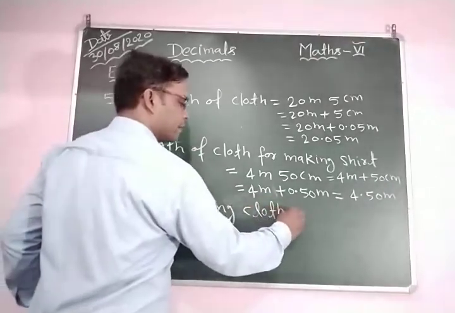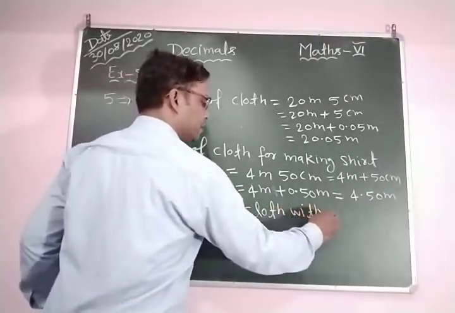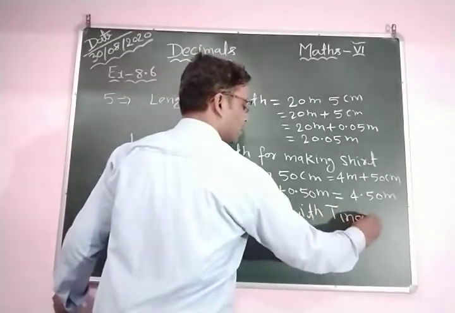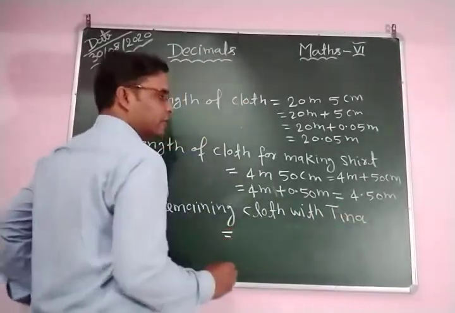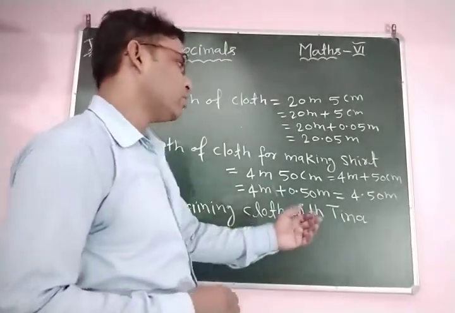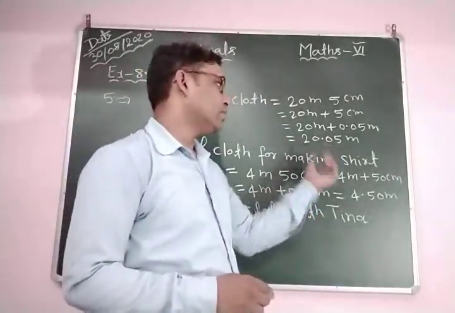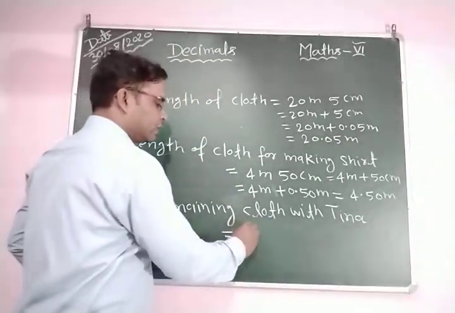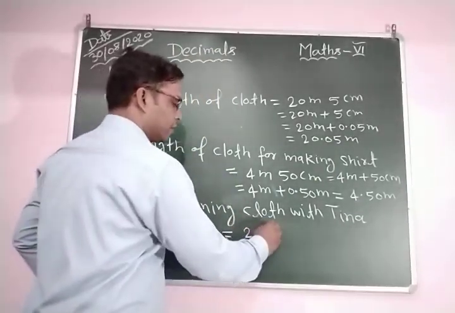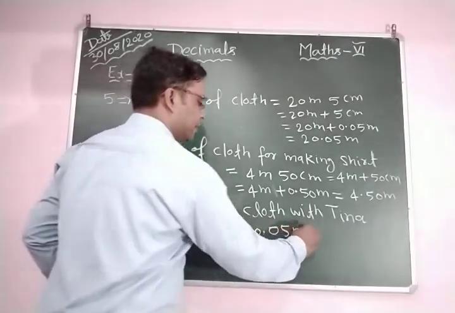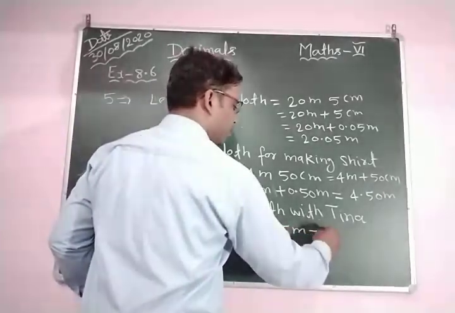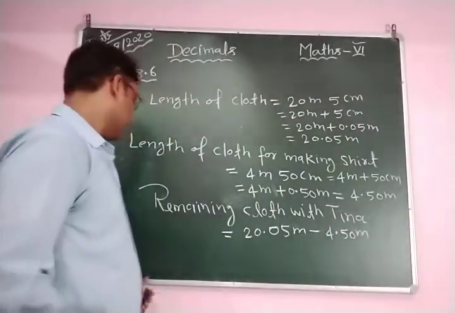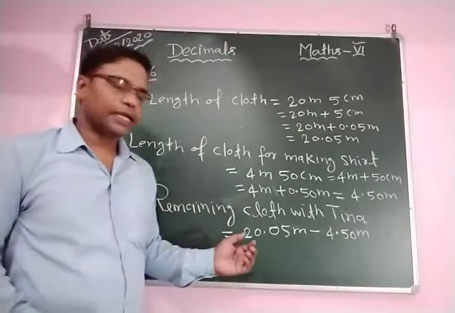This is equal to, you can subtract 4.50 from 20.05 meters. So you can write 20.05 meters minus 4.50 meters.